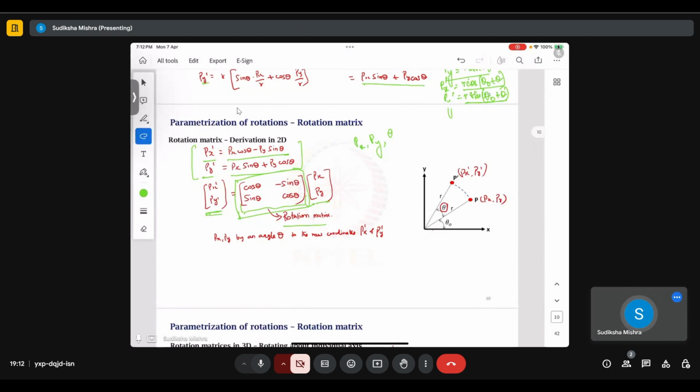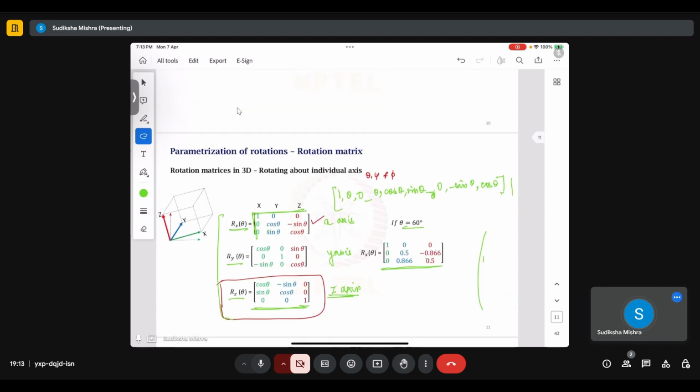So essentially the rotation rotates the object from a point P to P dash, and the angle of rotation leads to a rotation matrix like this. Now this is in 2D.